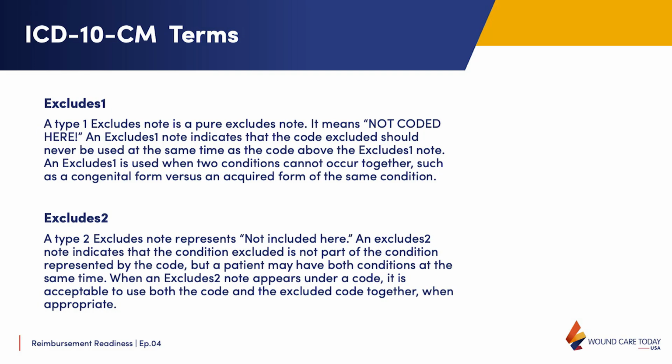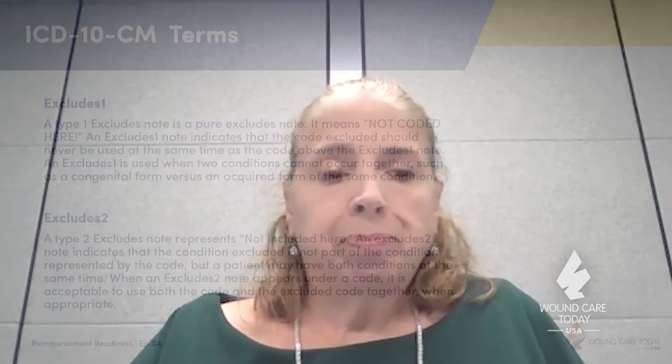An excludes 1 is used when 2 conditions cannot occur together, such as a congenital form versus an acquired form of the same condition. So for example, if you had an acquired condition, it would tell you that yes, the acquired condition is included here, but if it's congenital, then you need to go elsewhere in the congenital disorders chapter.